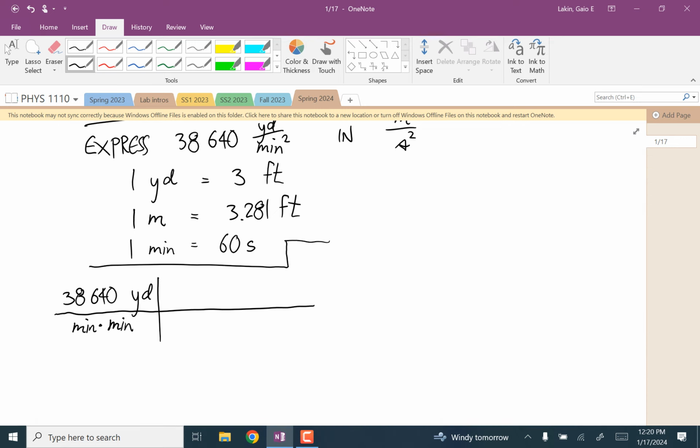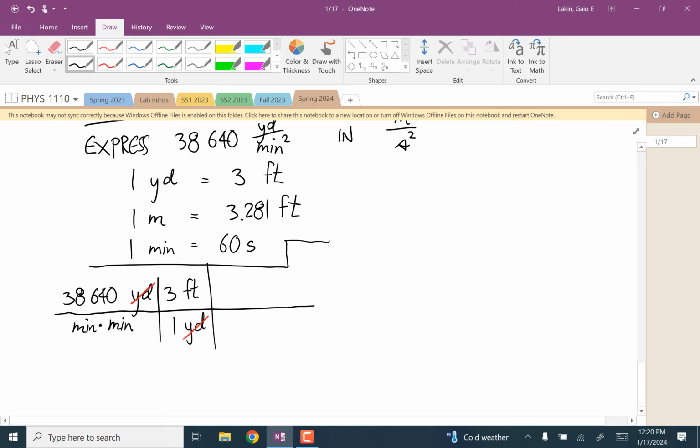Since yards is in the numerator, I'm going to multiply by 3 feet over 1 yard. Let's see where we are. This yard cancels this one. Now our length units are feet, but we want meters, so the feet are the unwanted units.